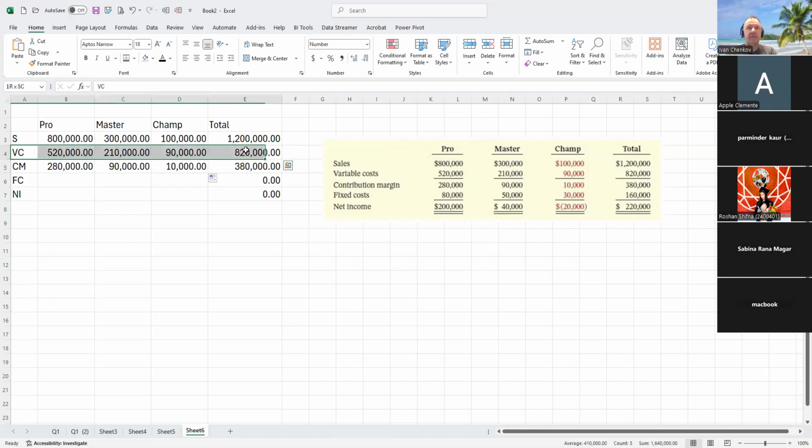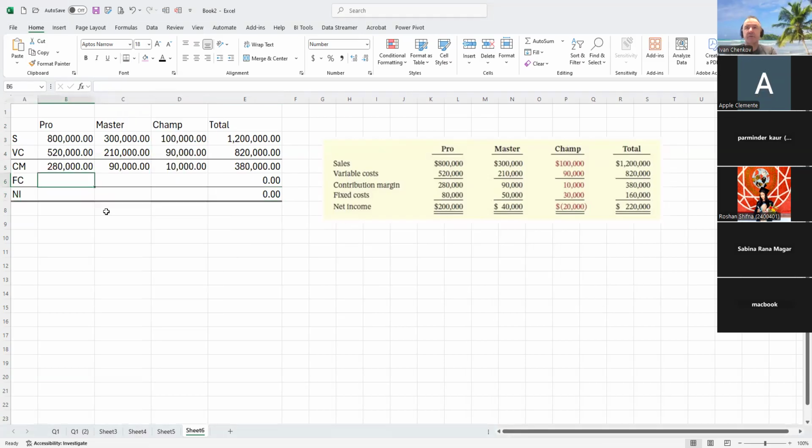That will be my first calculation here. Then I have the fixed cost, and then that will be my second calculation here. And boom, fixed cost here is 80,000, 1, 2, 3, 50,000, 1, 2, 3, and that will be 30,000, 1, 2, 3. And where's my income is this one minus that one.